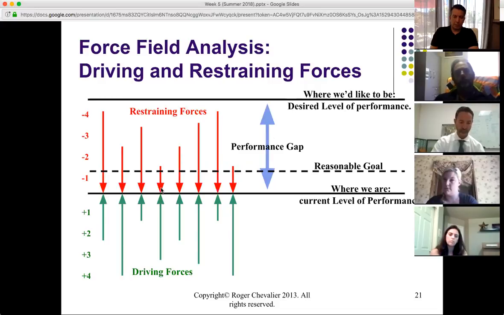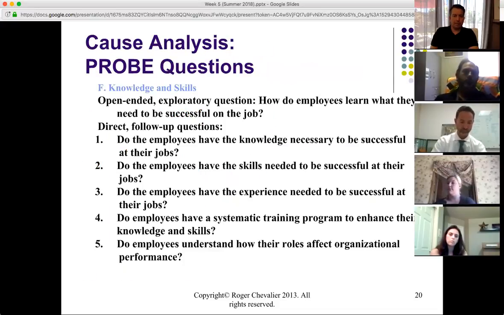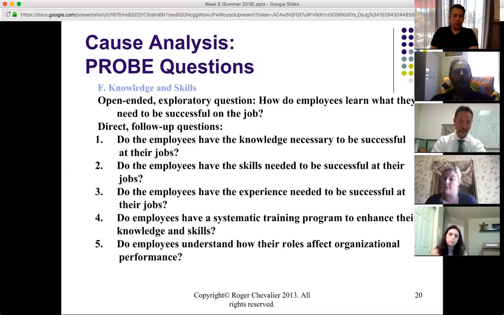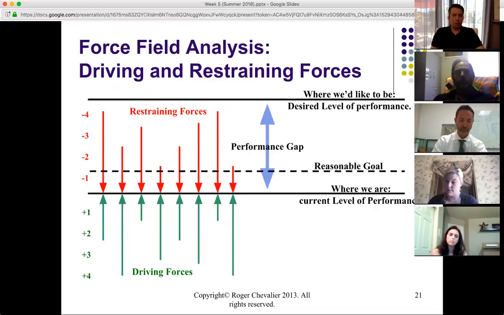So once we ask these questions and we find out where the problems are, then you have to start doing some assessment as an analyst as to how much those forces are driving this performance problem. Not everything is going to drive it the same amount. So the way Roger draws this is that the longer the arrows are, the greater the force.